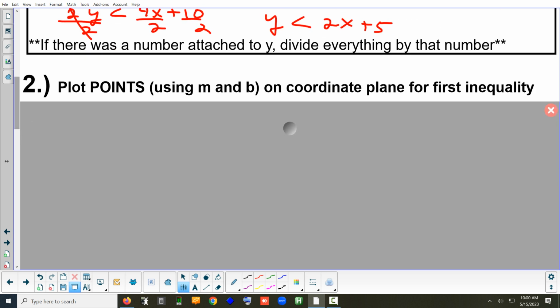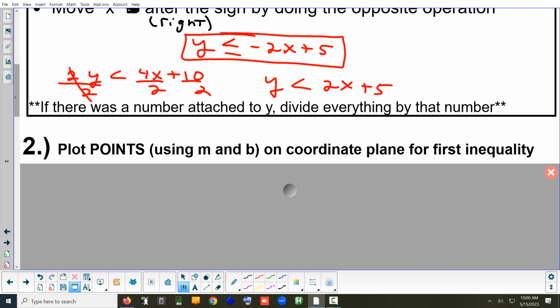Okay, step 2. We need to plot some points because we're going to get ready to draw our line. What's the first point that you would plot if you were looking at a problem like this? Or what's the first number that you would focus on?